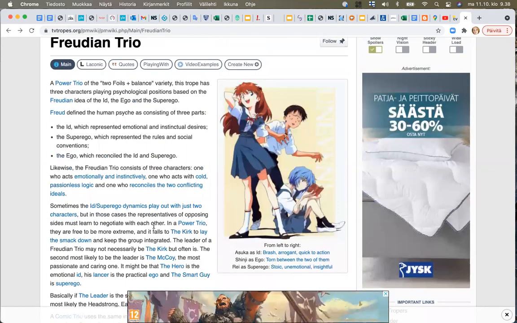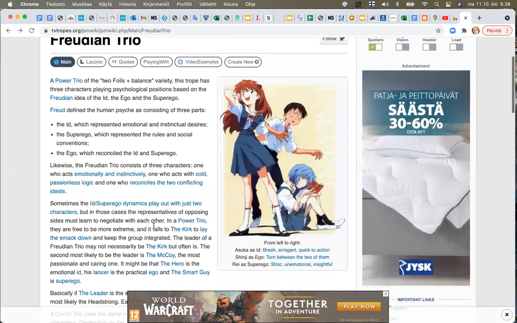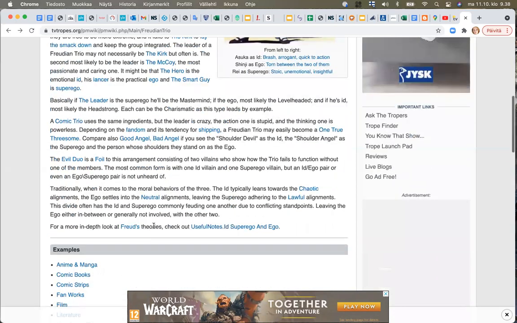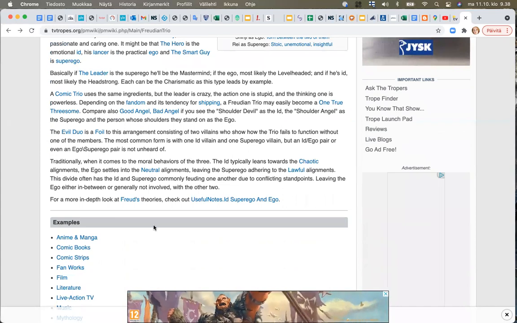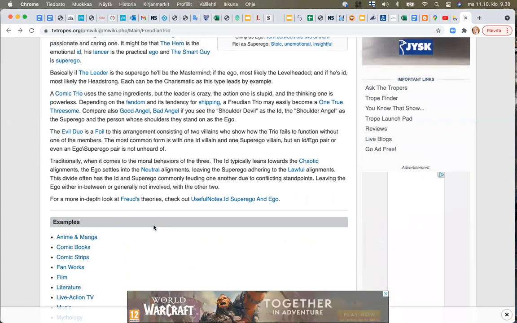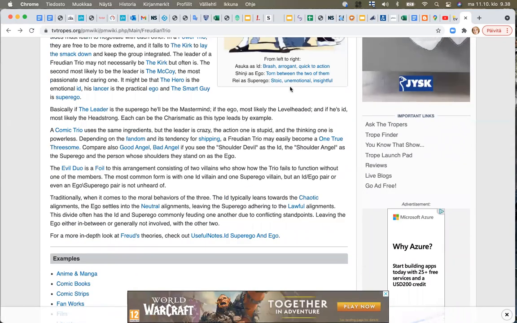The ego doesn't have to be the leader or the protagonist character at all. And also the protagonist doesn't have to be the leader, by the way. Anyway, so that's the Freudian Trio.